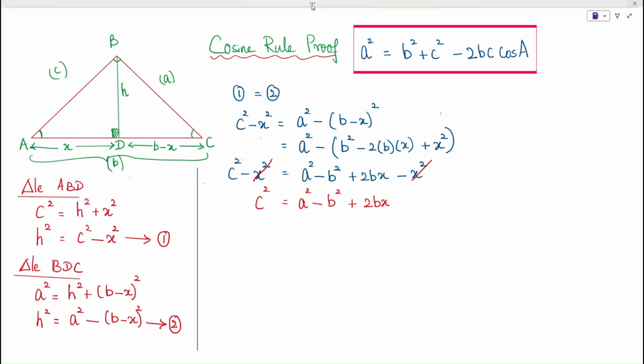Now, if we go back to triangle ABD, we can find that cos of angle A is equal to x over c, because this follows the SOHCAHTOA rule, so CAH, where cos of theta is equal to adjacent over hypotenuse.